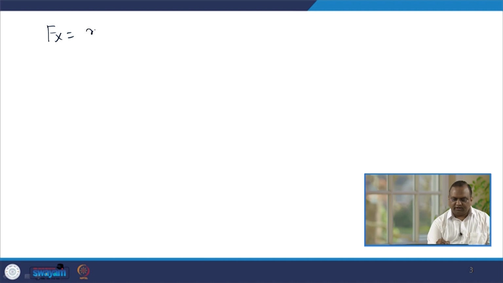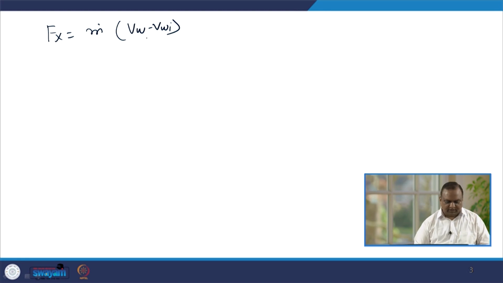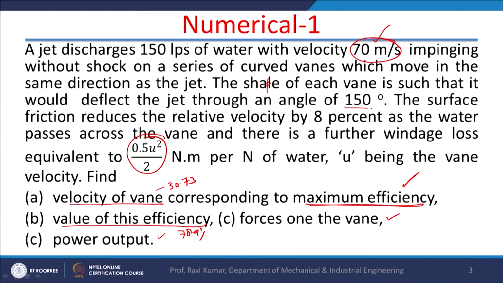It is mass flow rate multiplied by (Vw minus Vw1). That is the force in the direction of movement. Now, here the discharge Q is 150 liters per second, which is 0.15 meter cube per second if we convert it into cubic meters.